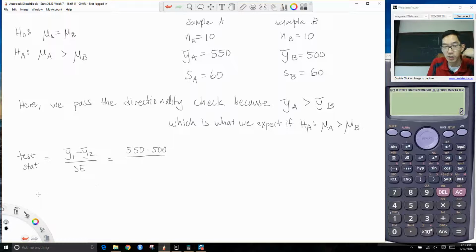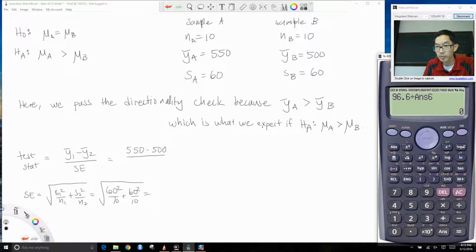Our standard error would be the square root of S1 squared over N1 plus S2 squared over N2. We have 60 squared over 10 plus 60 squared over 10. We get 26.83.